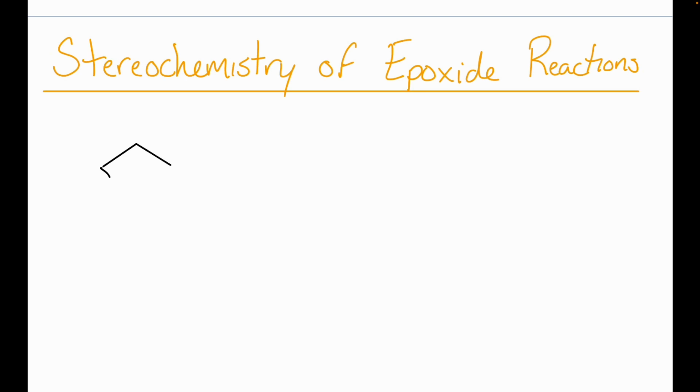All right, so I'm going to do a slightly different example. Okay, so the first thing we're going to do is take our ring and treat it with bromine in the presence of water, followed by NaOH.